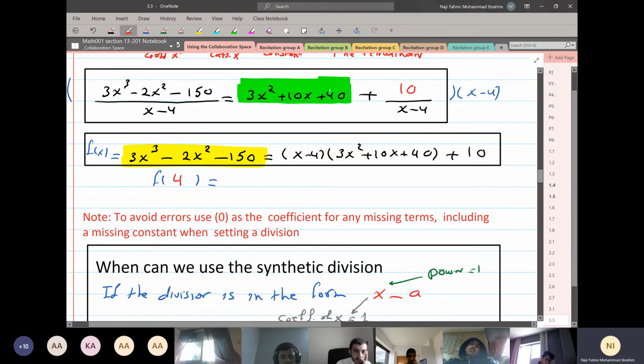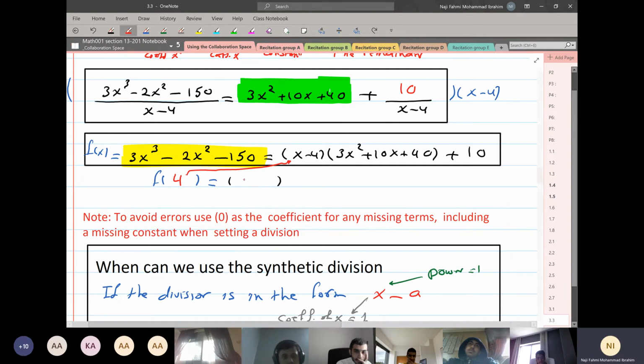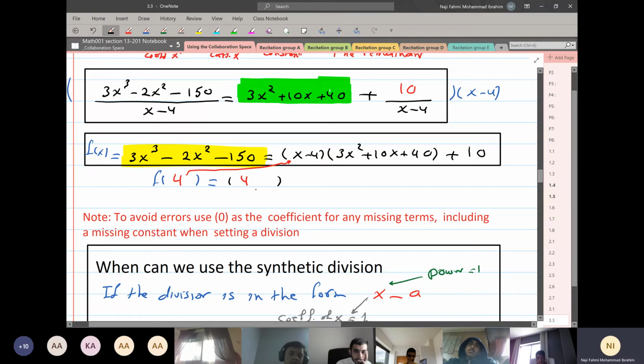How can I find f of 4? I need to substitute this 4 replacing every x. If I replace x by 4, what will I get? 0. 4 minus 4 multiplied by anything, and what's the final answer if I do that? 0 multiplied by anything plus 10 is 10.